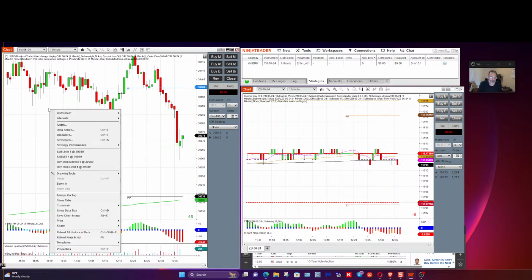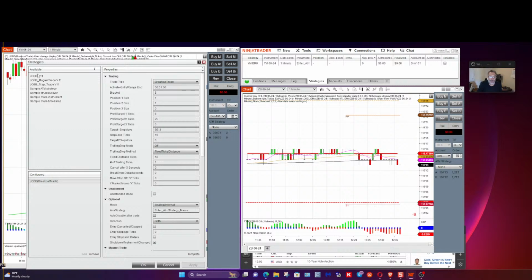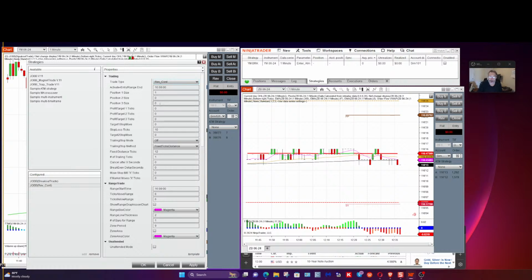Should that happen, if you're really awake and you are able to tell that you got filled before the news comes out, you can cancel or close your first trade, right? And then you can try to catch the move, if that's what it comes down to, on the secondary reversal trade.